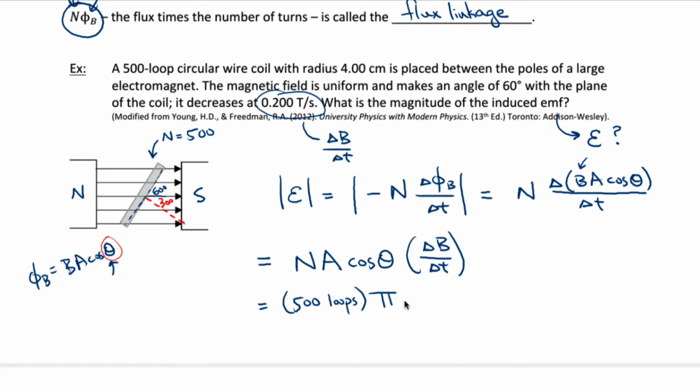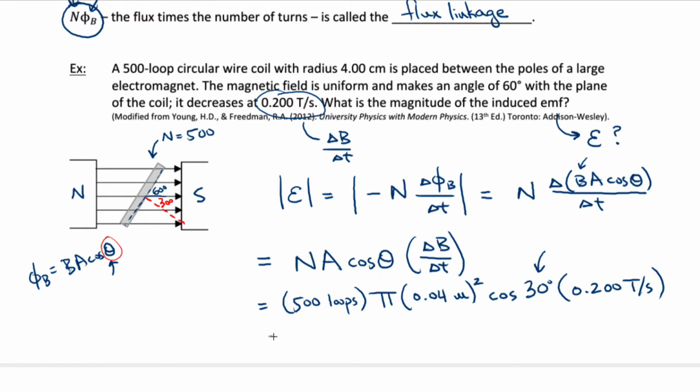So using pi r squared, I have pi times 0.04 meters, making sure we're working in meters, not in centimeters, squared. Cos of theta, again, we showed that theta that we need is 30 degrees, not 60 degrees, so be careful about that. And then the last part of our expression here is delta B over delta t, the time rate of change of the magnetic field strength. And that's given to us in the problem as 0.200 teslas per second.